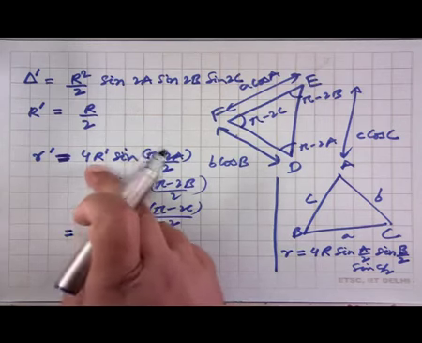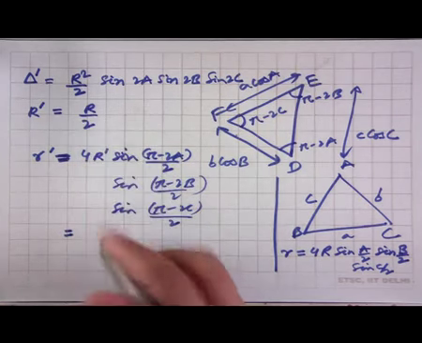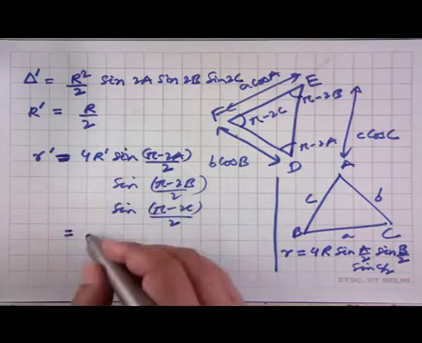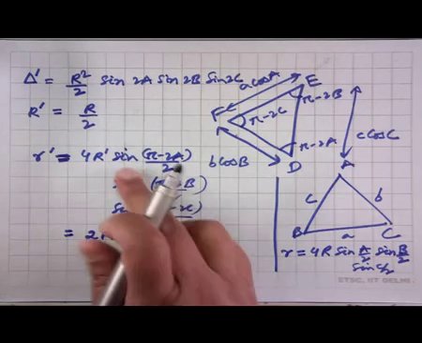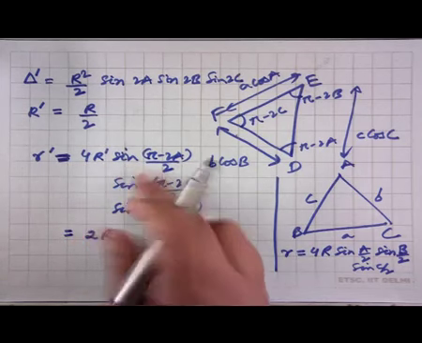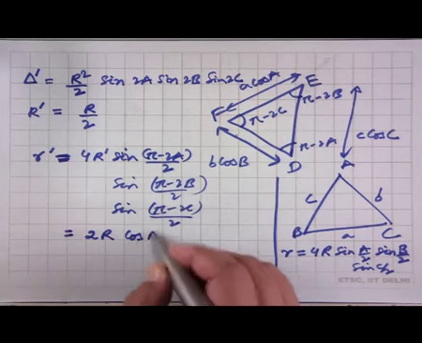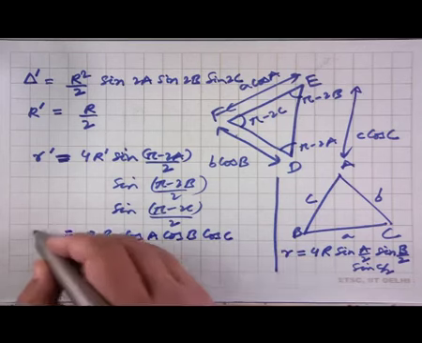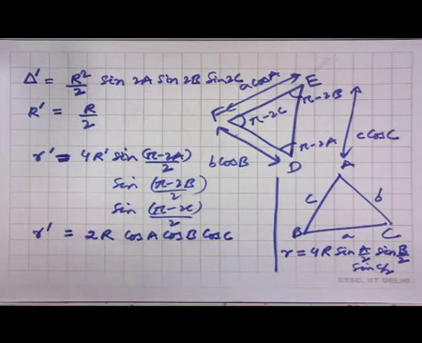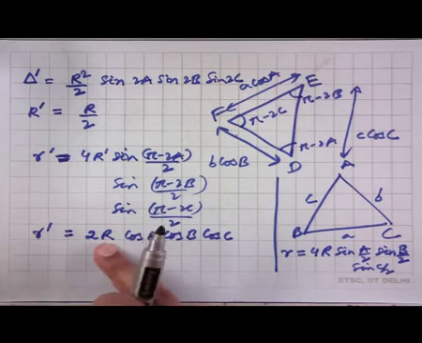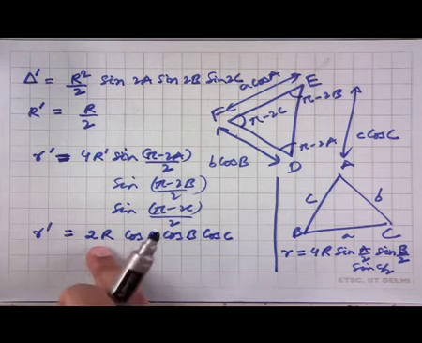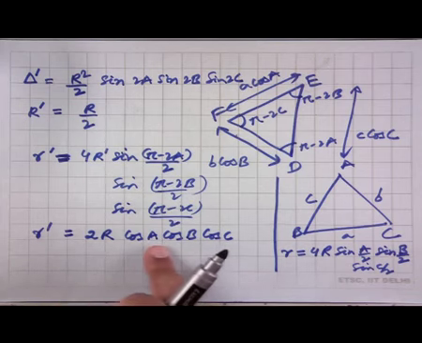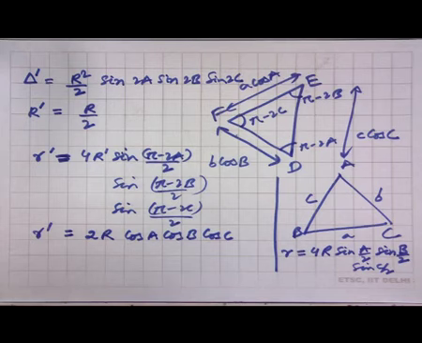But R prime is R over 2. So we use that, and we get 4 R prime to be equal to 2 R, and this of course becomes cos A into cos B into cos C. So, the in radius of the petal triangle is twice the circumradius of the triangle ABC times the product of the cosines of the angles of the triangle ABC.